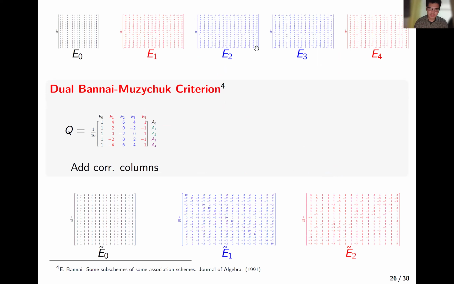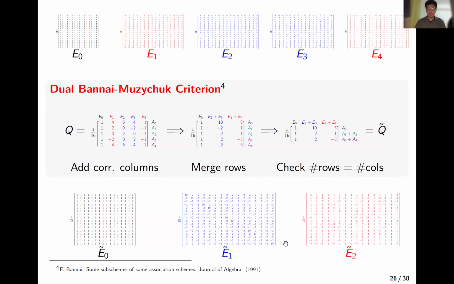So same thing, we're smashing together or fusing together E2 and E3 and E1 and E4. We'll look at the Q matrix or the change of basis matrix. We'll add the corresponding columns that correspond to our primitive idempotents. They'll add together over here and over here. And now we're just going to merge the equal rows. So if the rows are the same, we'll just merge them together. And if the number of rows is the same as the number of columns, in other words, if we get a square matrix after this process, then congratulations to us, we have a valid fusion association scheme.